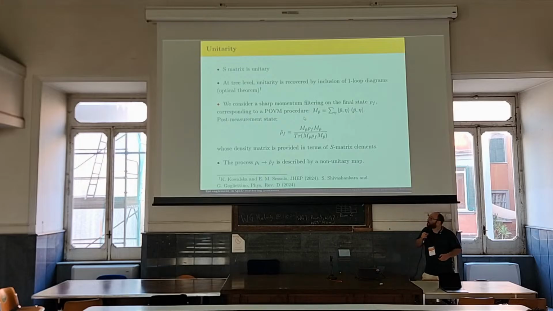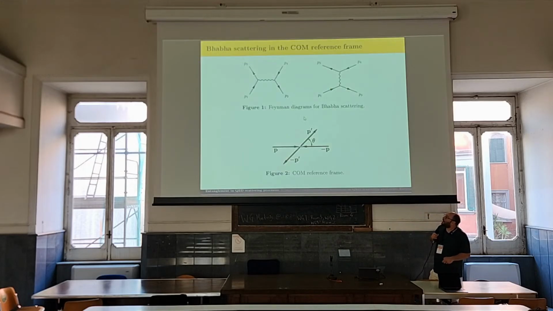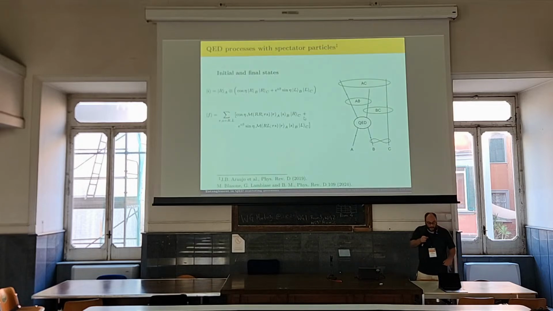Okay? So, to study this phenomenon, we report here as a paradigmatic example the Bhabha scattering in the center of mass reference frame. And in order to study the generation and distribution of entanglement, we have considered this setup.